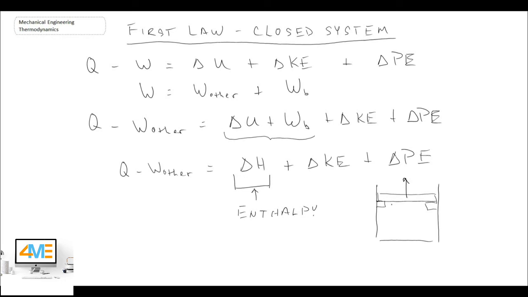This is a fixed mass problem, but in order to account for that boundary work, you can solve the problem using enthalpy instead of internal energy, and it will account for the boundary work which is embedded within the system. So basically it's a simplification of the first law for cases where you have a closed system but with a moving boundary.